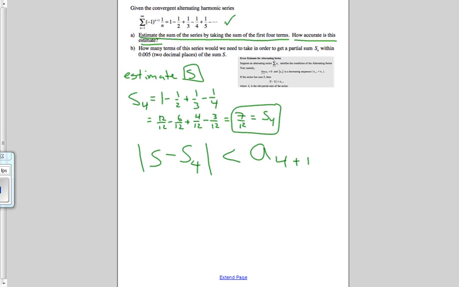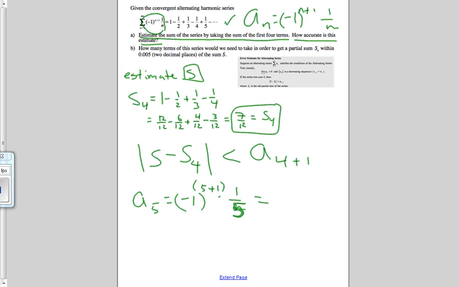Well, a sub 5, using my value for a sub n, which is negative 1 to the n plus 1 times 1 over n. So a sub 5 would be negative 1 to the 5 plus 1 times 1 over 5.